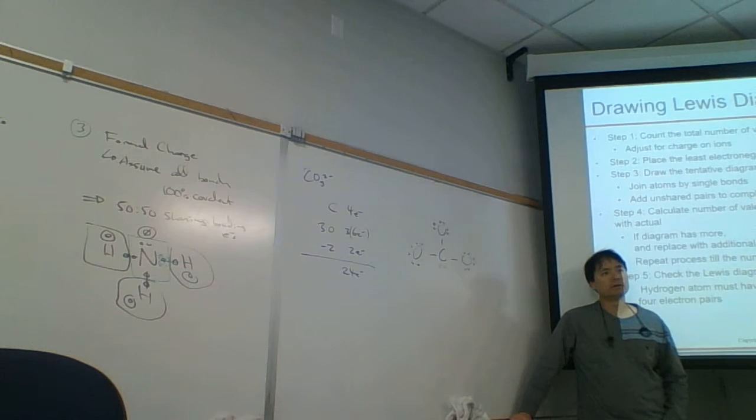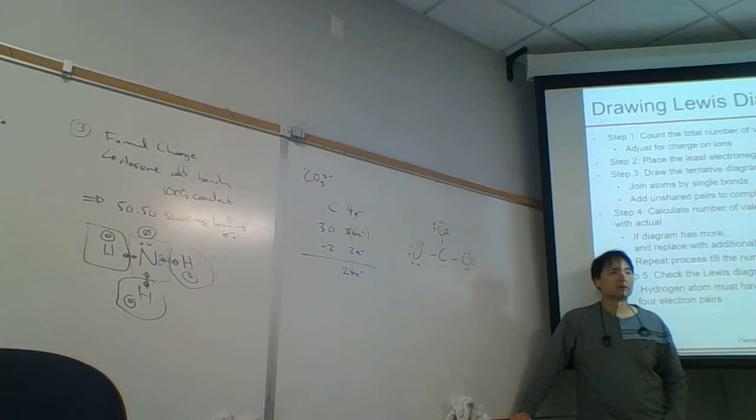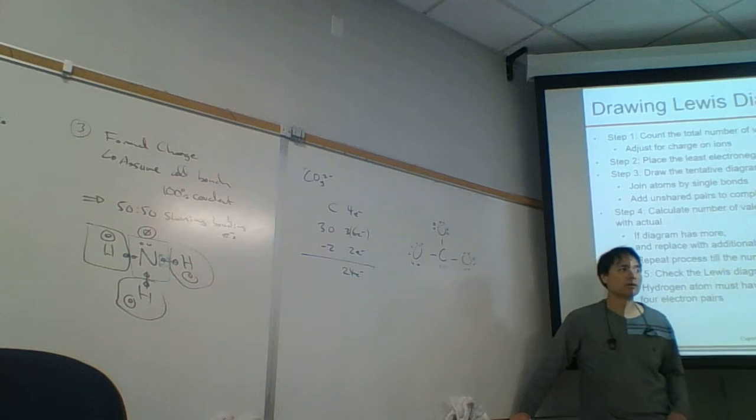This is just following the steps. Everybody has an octet, so everybody should be happy. Except there's a problem with this structure. What is the problem with this structure? Yeah, I have to have 24 electrons. Can you count how many electrons I have here? How many electrons do I have in this structure?